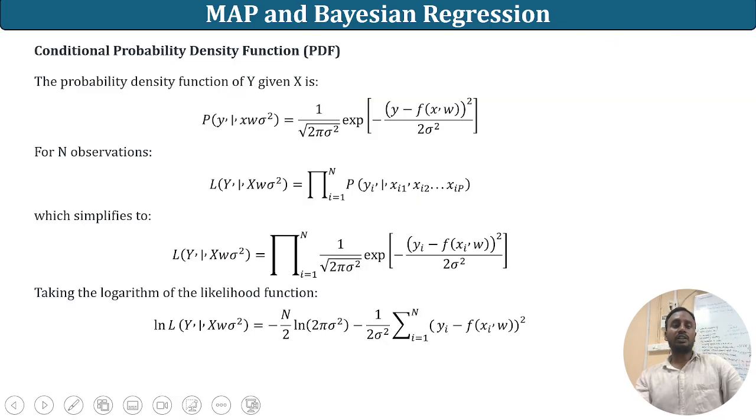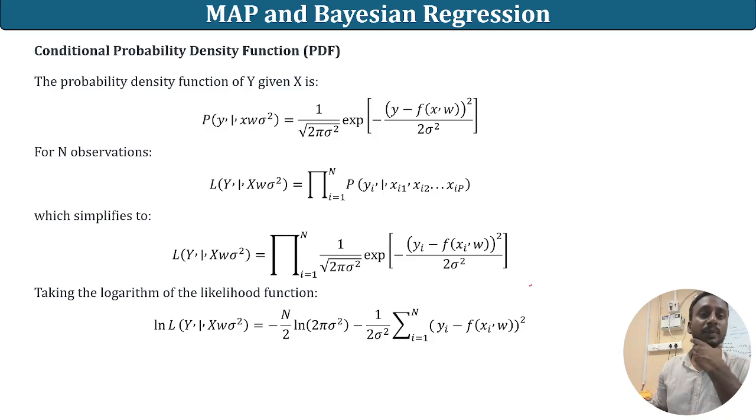So what will be the conditional probability density function? The probability of y for a given x, when it has a normal distribution, will be a normal distribution.